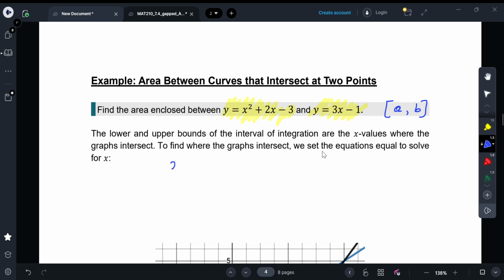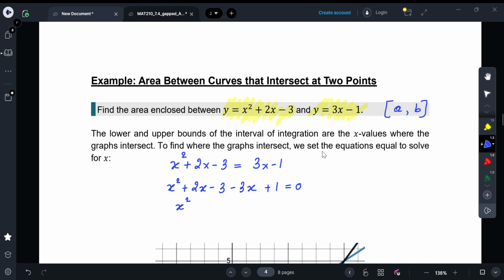So I'm going to make the first function, which is a quadratic, equal the second function, which is linear. And I'm going to find the intersection points. So simplify, move everything to one side. What do you get? So I'm going to do minus 3x minus 3x plus 1 equals 0.